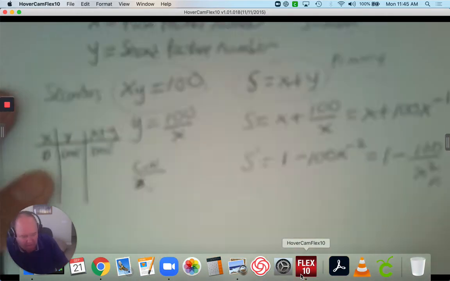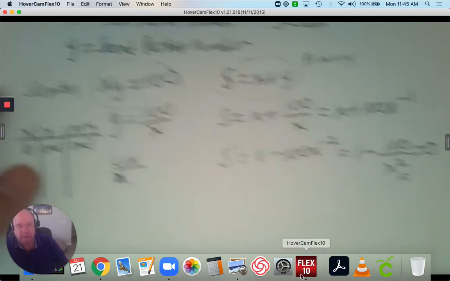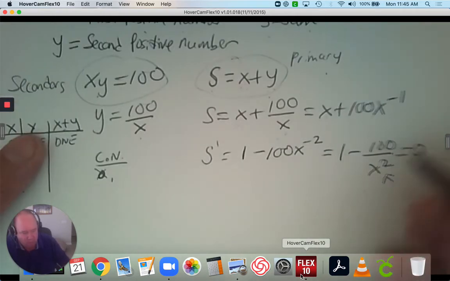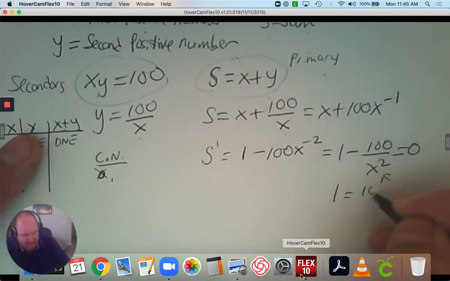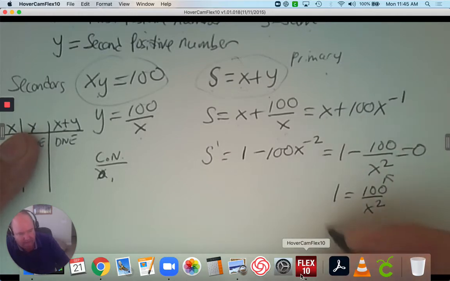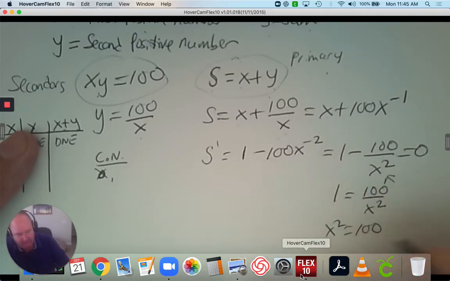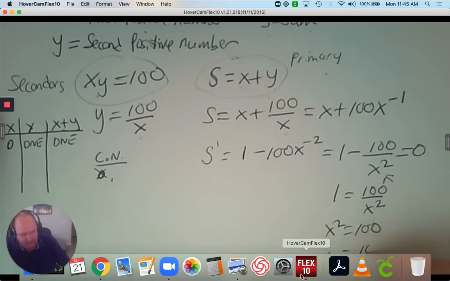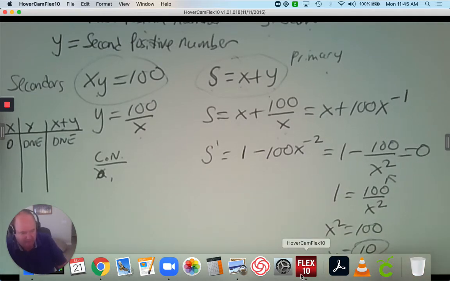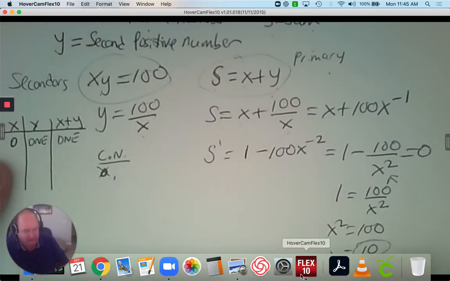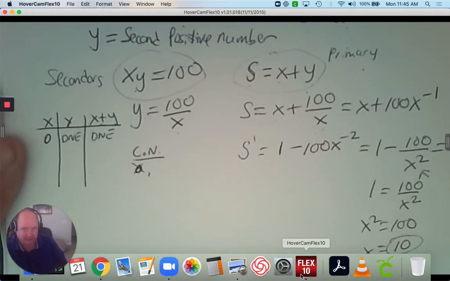Then I want to make the derivative equal to 0 and solve it. I'm going to add 100 over x squared, and cross multiply. When I take the square root, remember it's a positive number, it's not positive and negative 10, it's just 10.